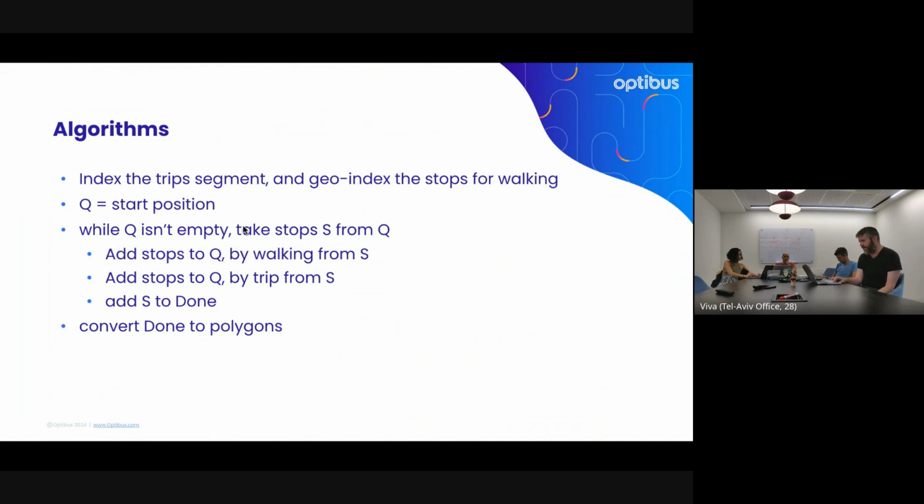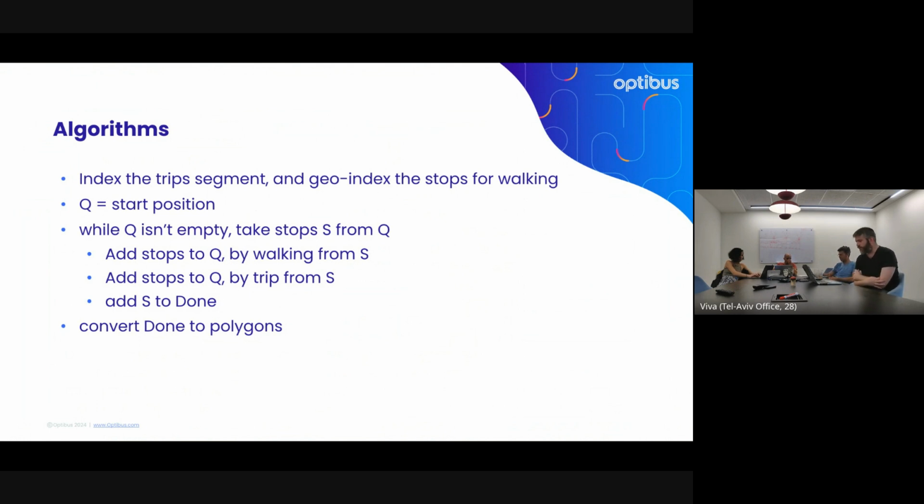First of all, at the beginning, I index all of the trip segments. If you have a trip that starts at 10 o'clock at stop A, and you go to stop B, after this to stop C, after this to stop D, I index all of the segments of the trips by time, and I also index all of the stops for walking with a geolocation geo-index.